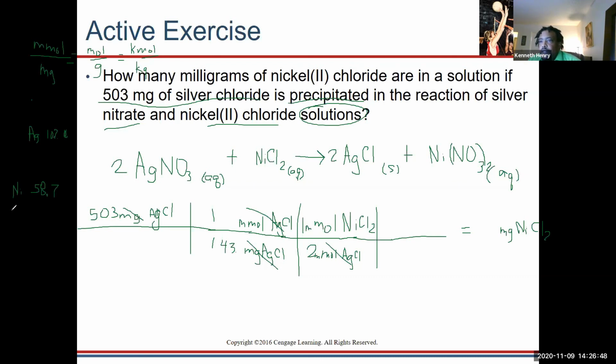Plus, we have 2 Cl. So what is that? 2 times 35.45 gives 129.7, plus the nickel.